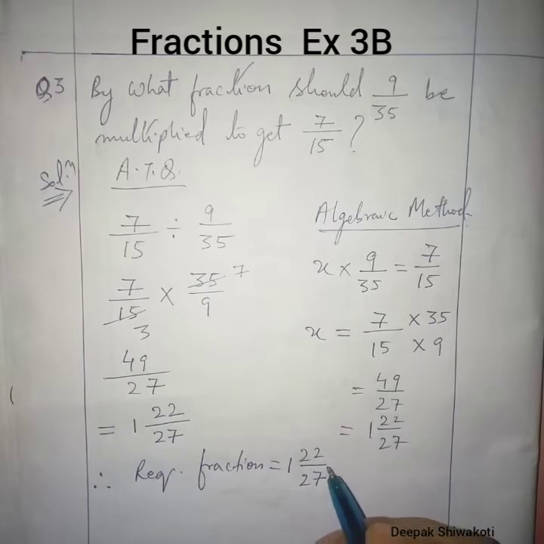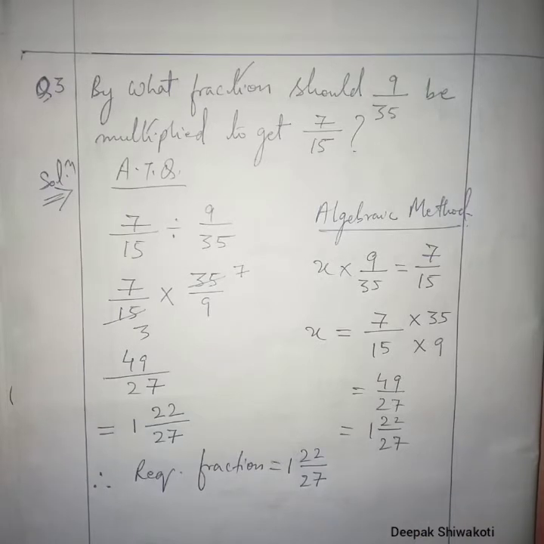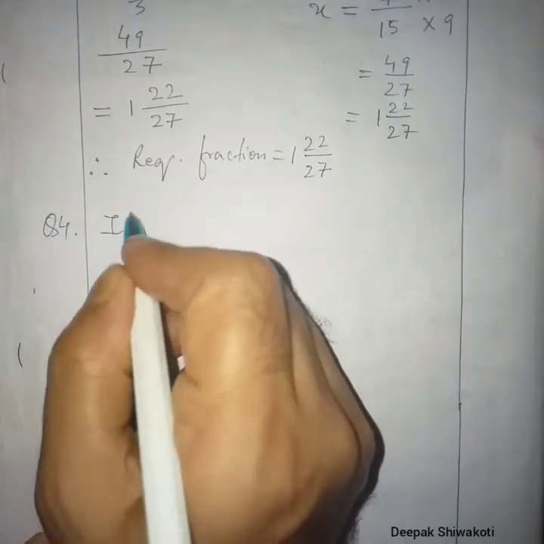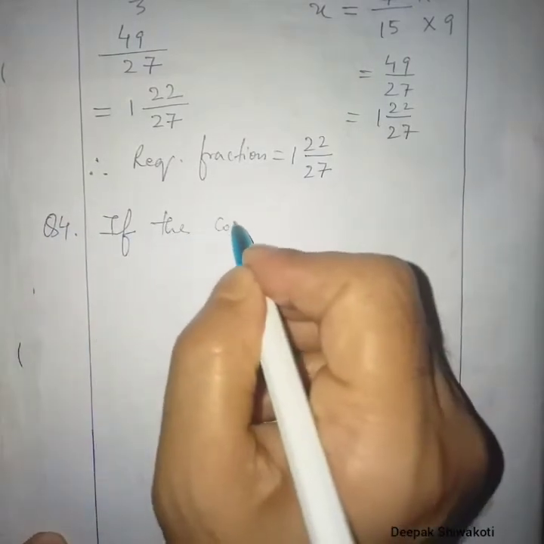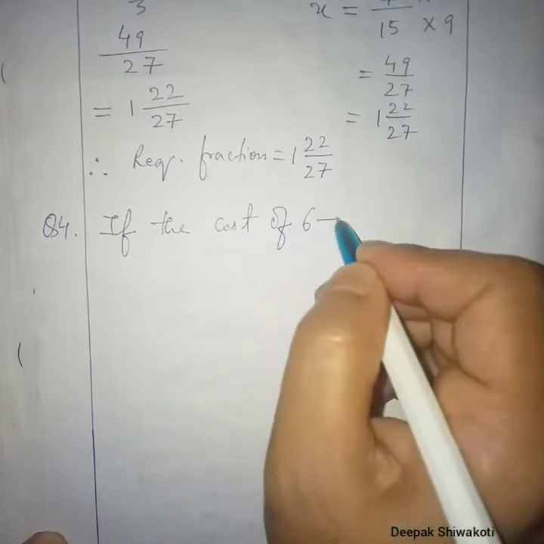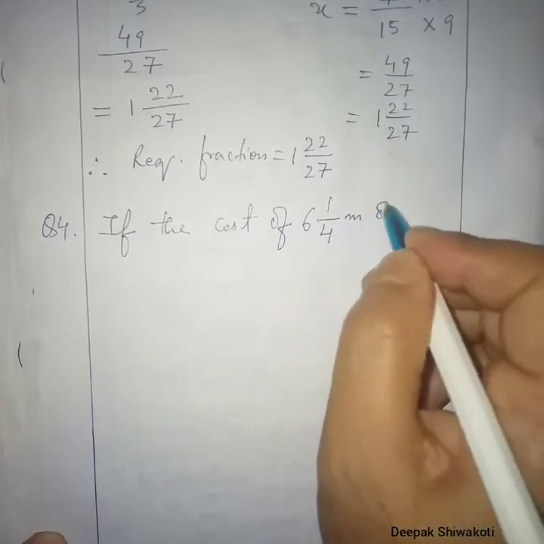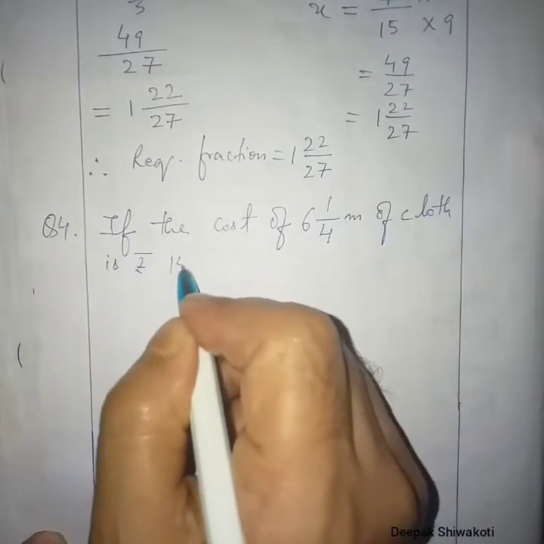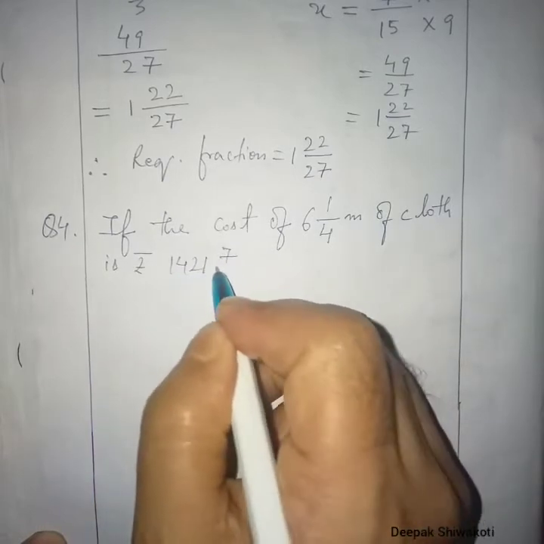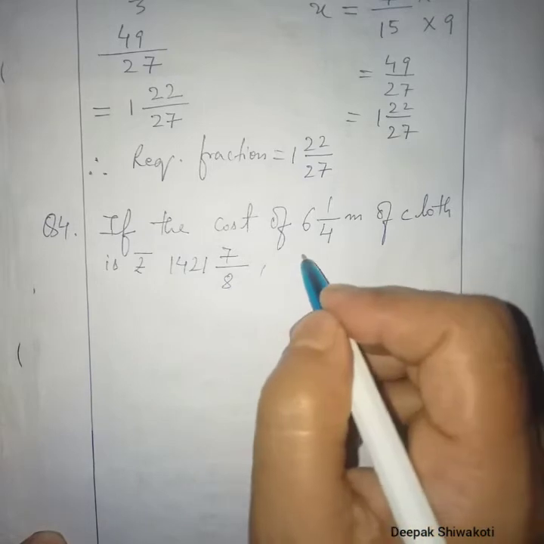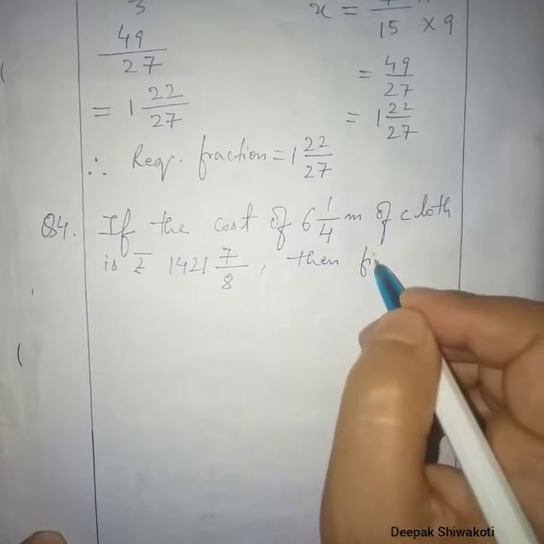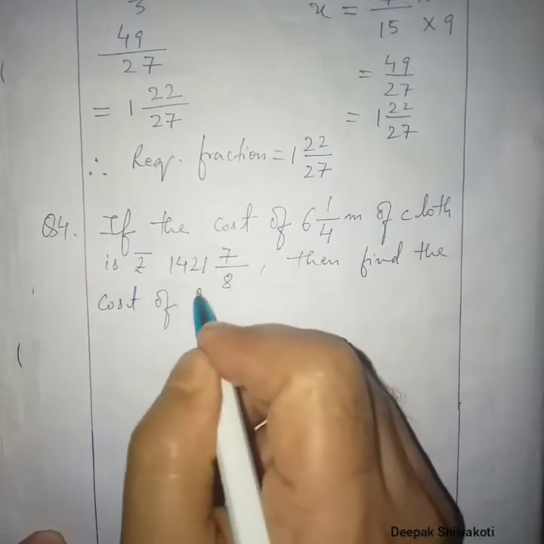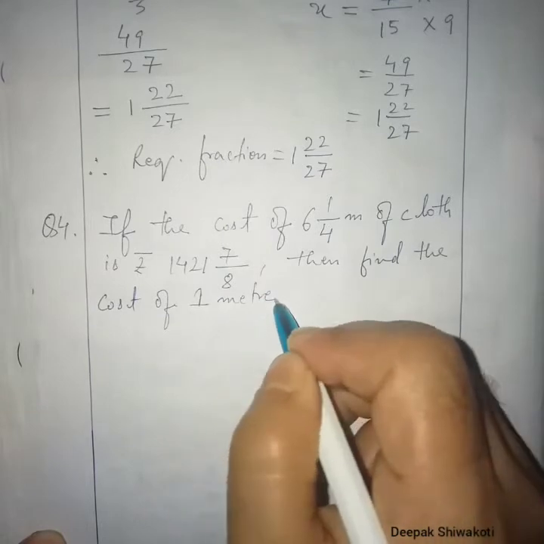Okay, next is question number 4. Question number 4: if the cost of 6 whole 1 by 4 meter of cloth is rupees 1421 7 by 8, okay, then find the cost of 1 meter of cloth.